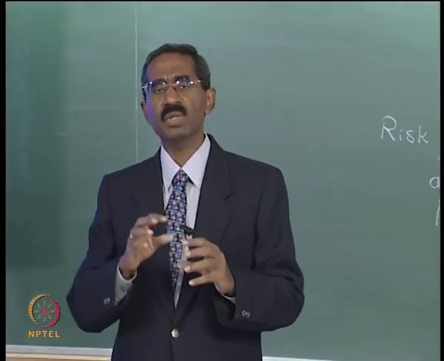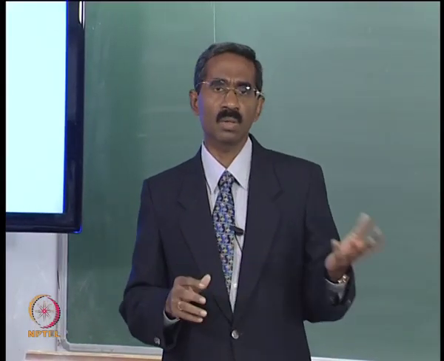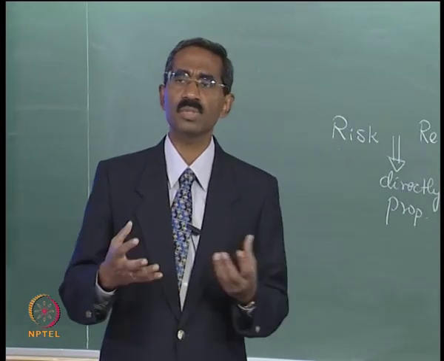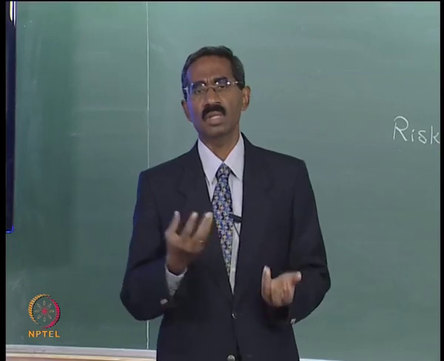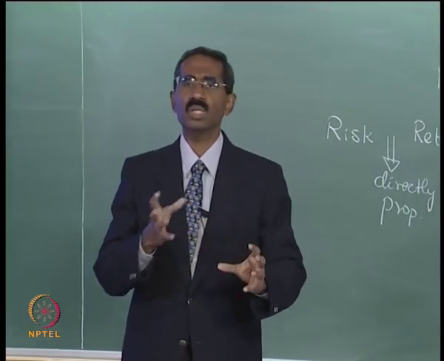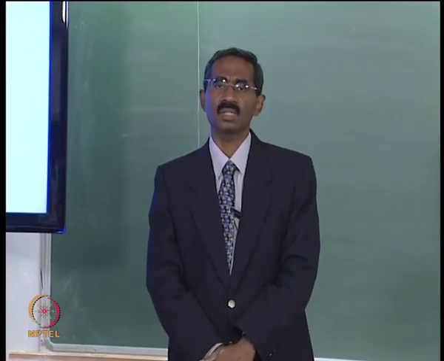So, if by suitable methods or contracts we are able to reduce the uncertainty in cash flows, then the project is supposed to be less risky. Now, there are several ways in which you can mitigate the uncertainty in cash flows.